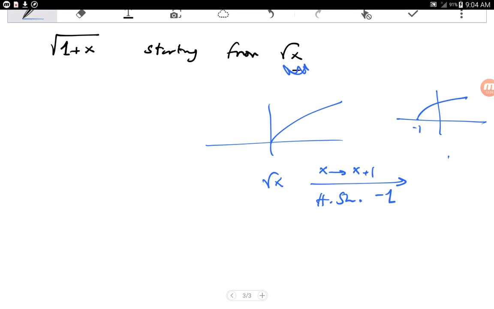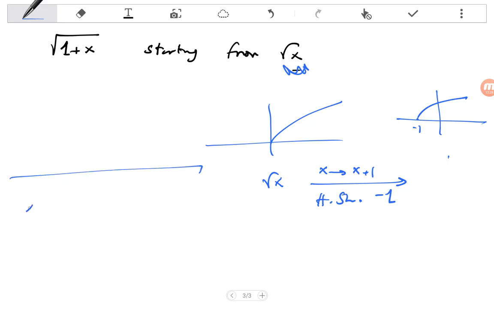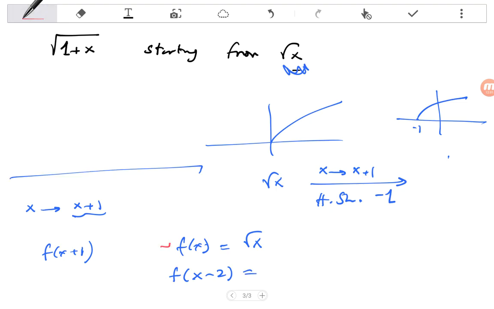Now, what is the step if I say x is replaced with x plus 1? This step is expressed mathematically by saying this is f of x plus 1. For example, if I had f of x equal to root x, then what is f of x minus 2? It means to replace every x in this expression by x minus 2. That's what we have just stated its graphical meaning.